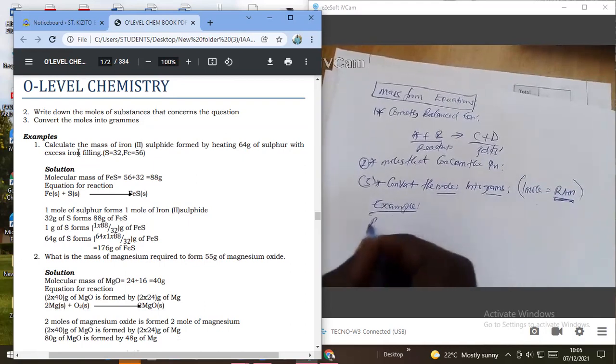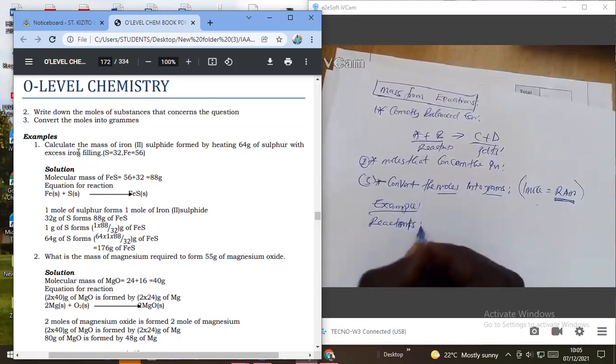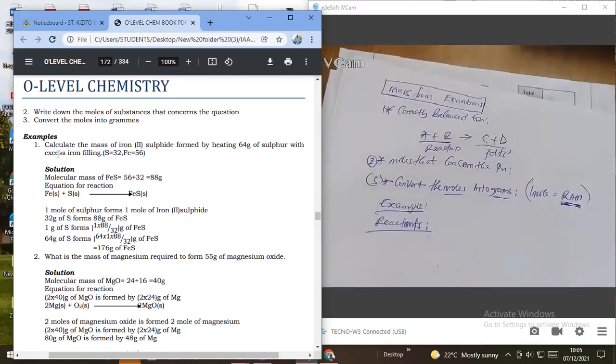Somebody tell me the reactants. In this equation, which things are reacting to give us what? Where are the reactants?